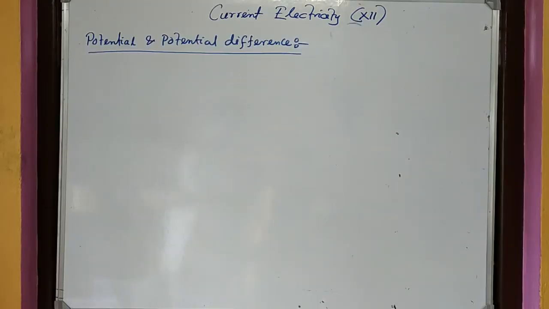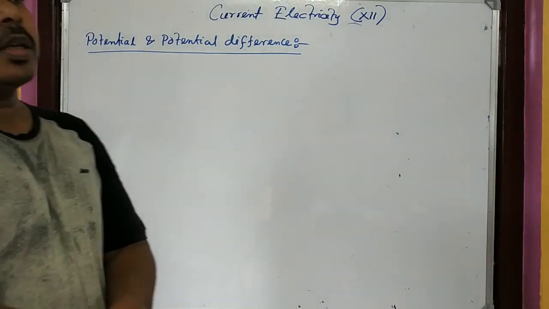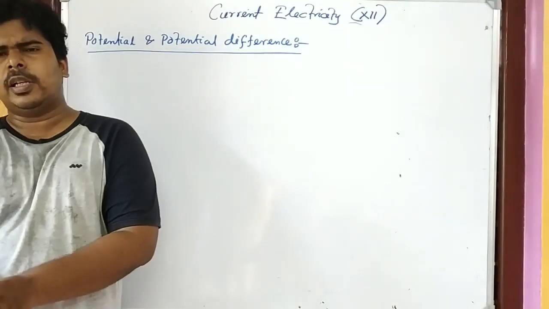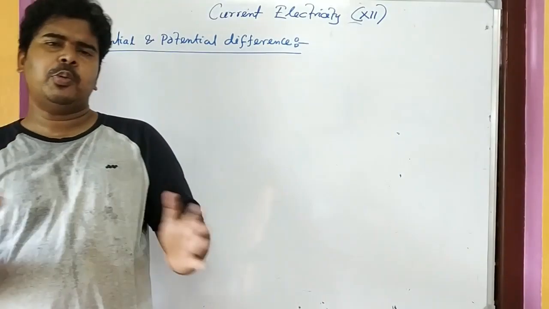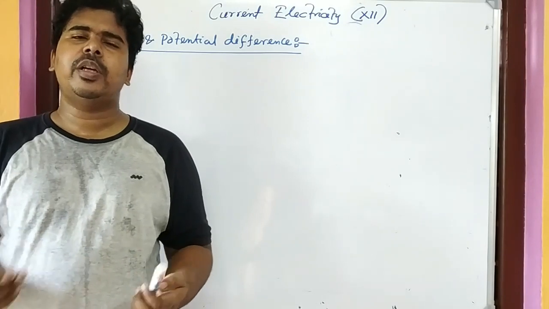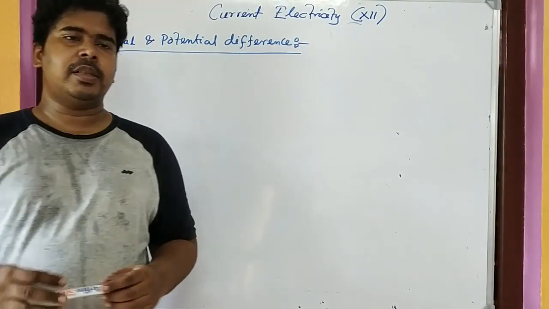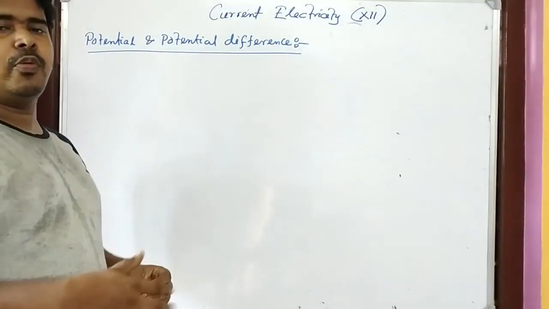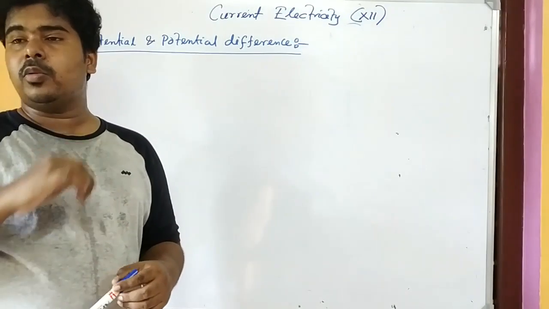Next our target is to learn potential and potential difference. It is not new to you, you have already learned that to take charges from one point to another point, we need to give a potential difference. Otherwise, the charges cannot flow.